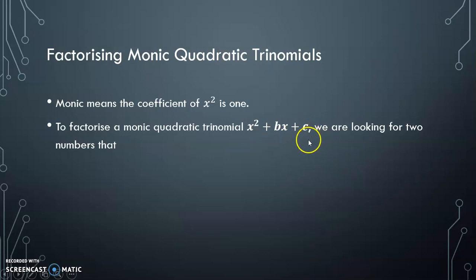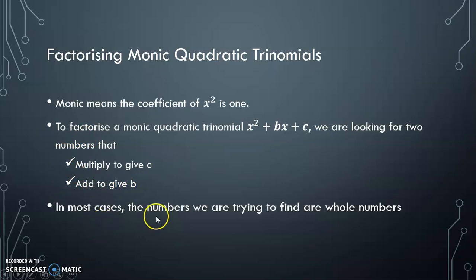So we're essentially looking for two numbers that multiply to give c. If c is a negative number, they have to multiply to give that negative number. And they also add up to give b. In most cases, the numbers we're trying to find are whole numbers. It would be very difficult if we were trying to find fractions to factorize. In most cases, it's whole numbers.